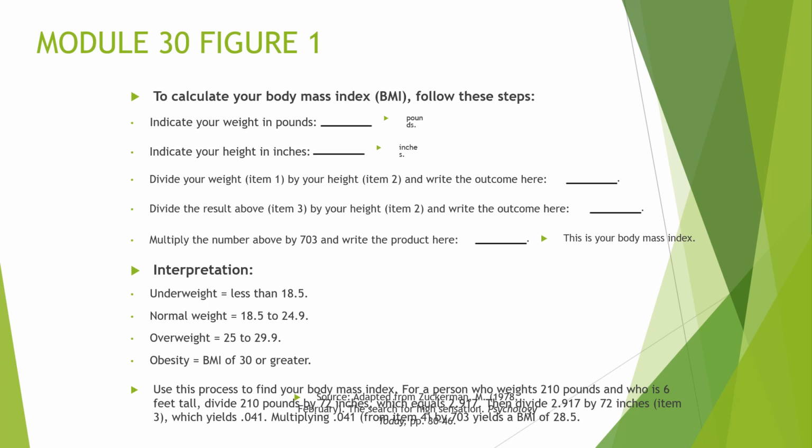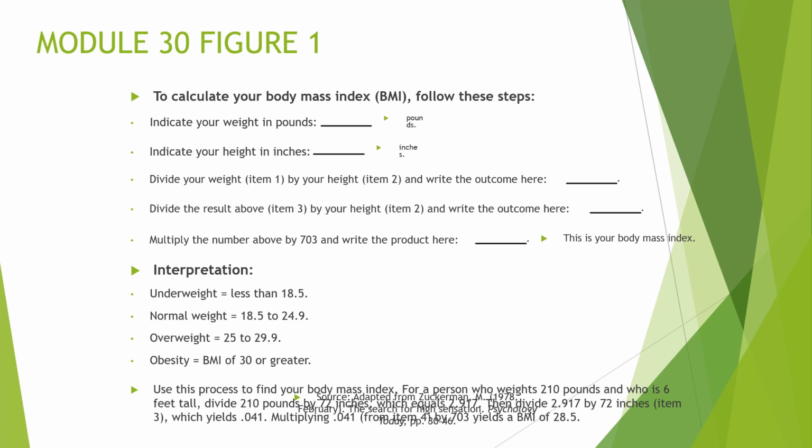Then you want to divide the result that you got by dividing your weight and height by your height, and then you get that outcome. And then you want to multiply that number by 703. That is your body mass index.